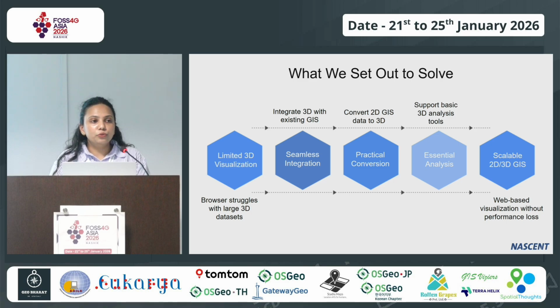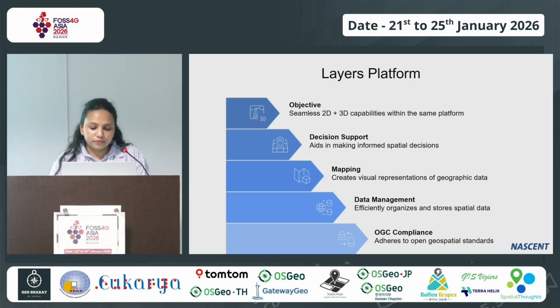Then we have to integrate it into our 2D GIS platform seamlessly, convert 2D GIS data to 3D GIS data efficiently, and not only visualize 3D data but also perform analysis on it. Last, it should be scalable with good performance, so it should support both 2D and 3D. That was our aim for this work.